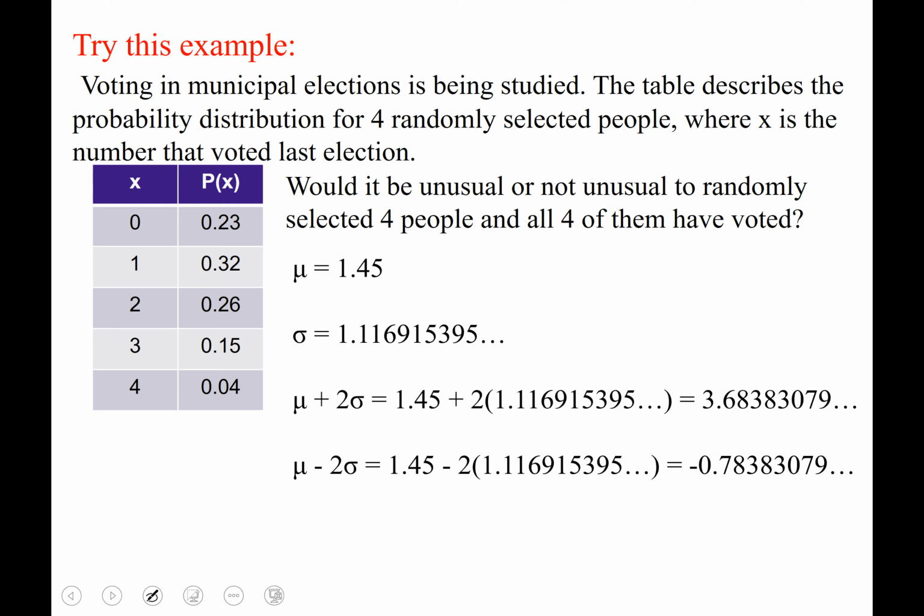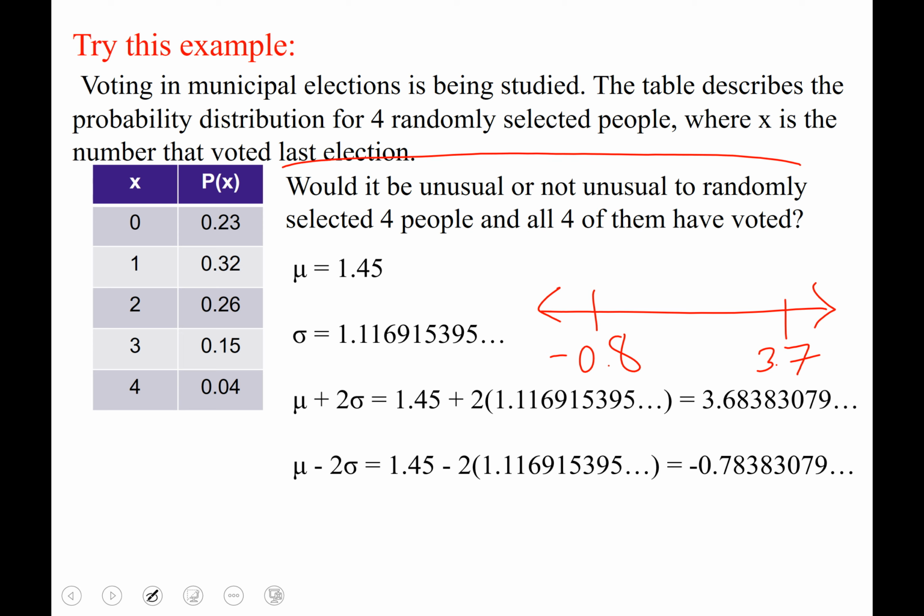All right, so we have our maximum usual, 3.6, I'll just say 3.7, and our minimum usual, negative 0.8. And so the question is, would it be unusual or not to randomly select 4 people and all 4 of them have voted?